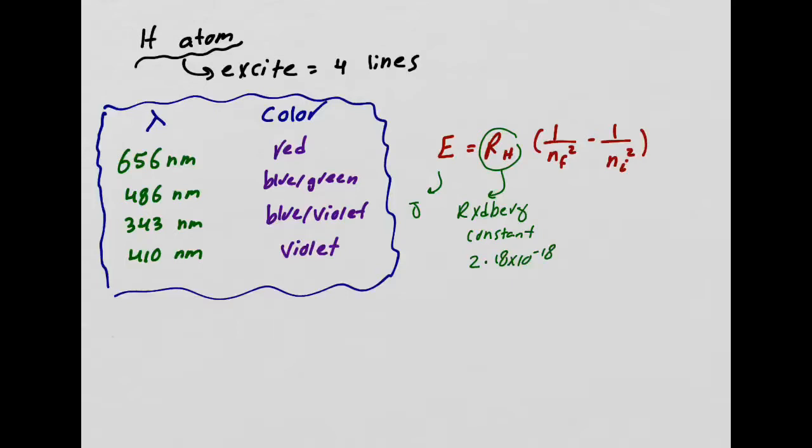I forgot to put a minus here, so it's minus RH, and RH is 2.18 times 10 to the minus 18. What's the unit? Joules, of course. Have to end up with joules. We're going to go over n final and n initial in a second. But he thought that this fits a very simple model. Now, let's go over this simple model.